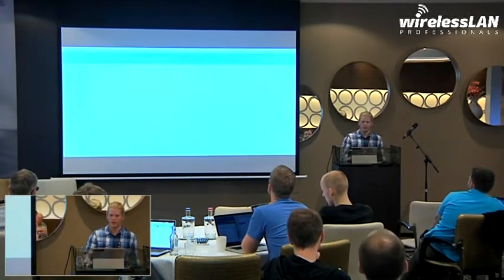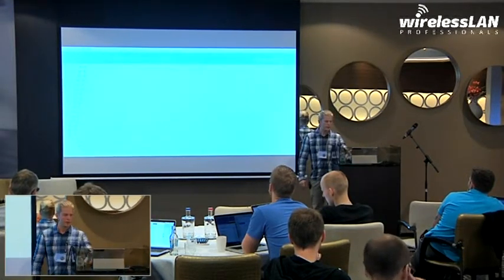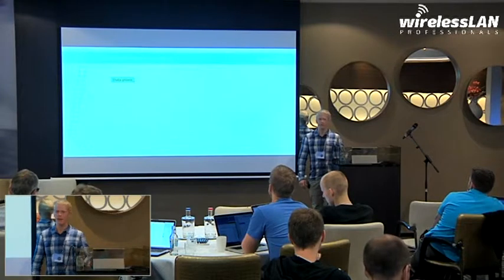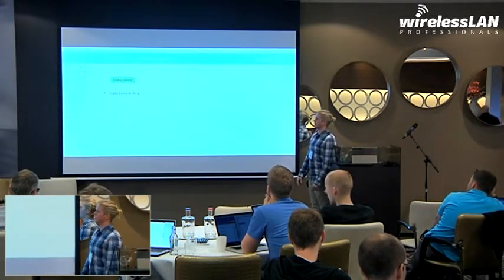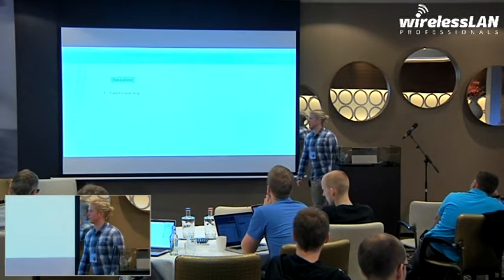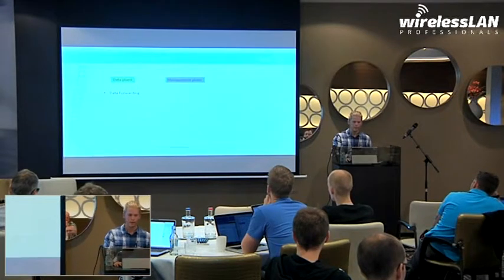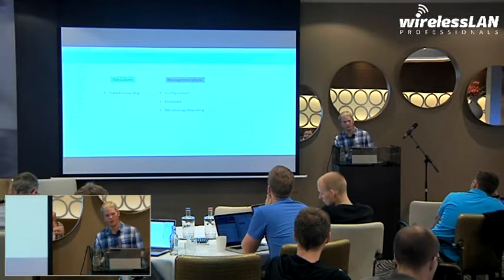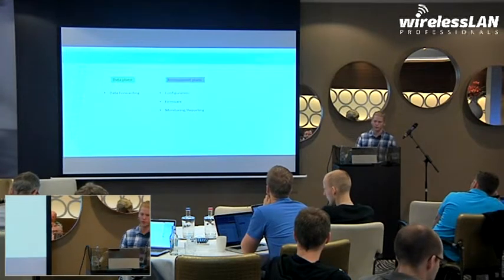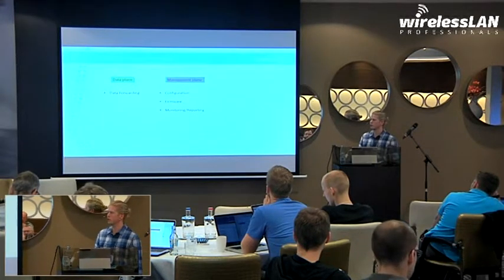So the 3 working planes of a wireless LAN, when we talk about architecture, we slice up the functionality, usually in three different working planes. So there's the data plane. This contains only the actual data forwarding. We have the management plane, which contains the configuration of the units and the firmware management, and also this is where monitoring and reporting comes.